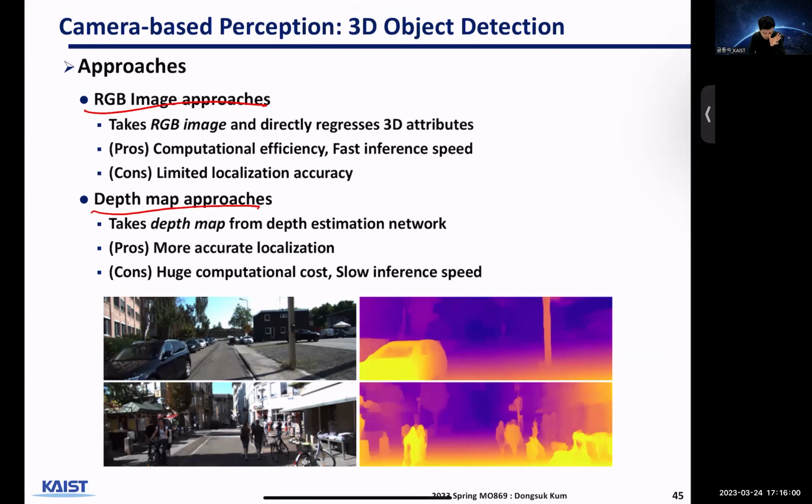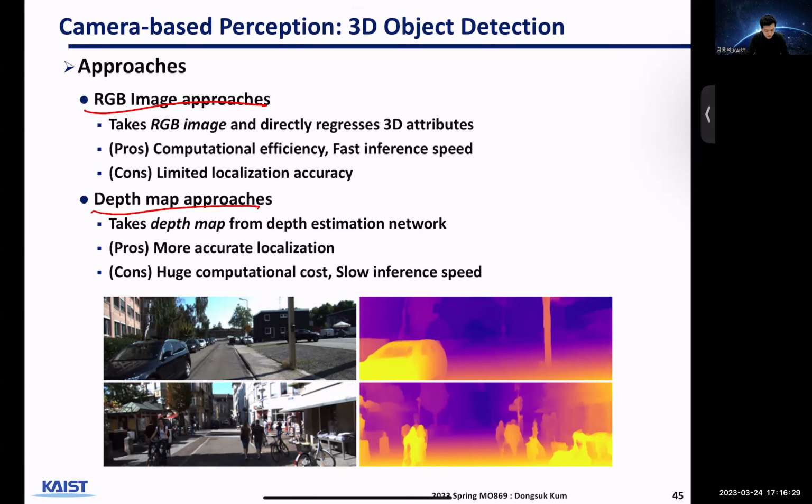The RGB approach takes an RGB image and directly regresses the 3D attributes that we introduced earlier. The advantage is that it is computationally efficient with faster inference speed. But the limitation is the localization accuracy tends to be lower.